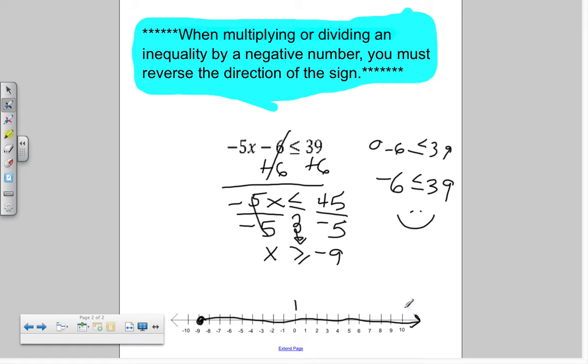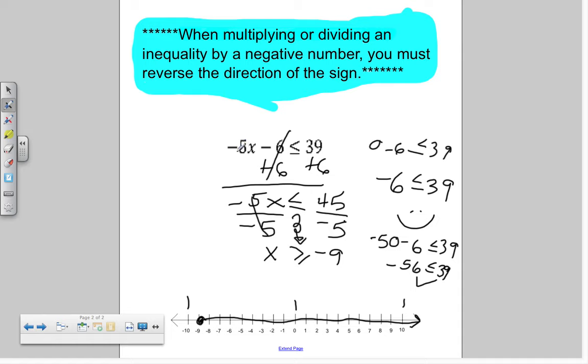So 10, if I use 10, I would have negative 5 times 10, which is negative 50, minus 6 is less than or equal to 39. So that gives me negative 56 is less than or equal to 39, which is indeed true. If I chose negative 10, you will see I get something that is not true.